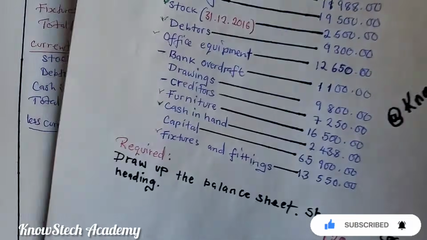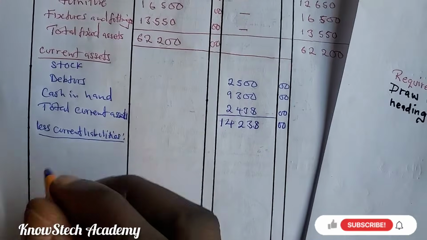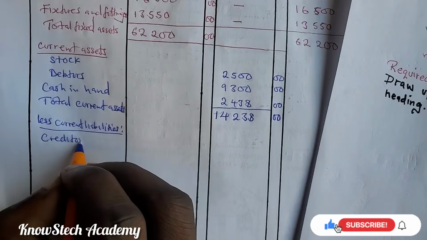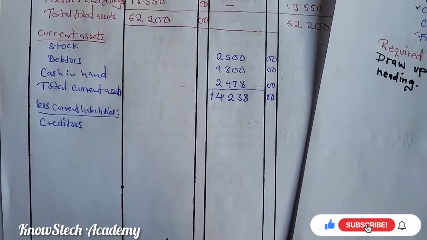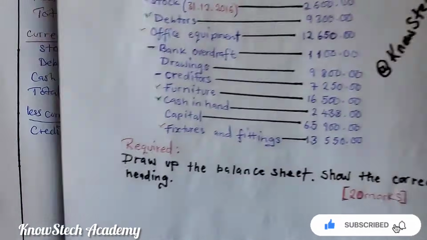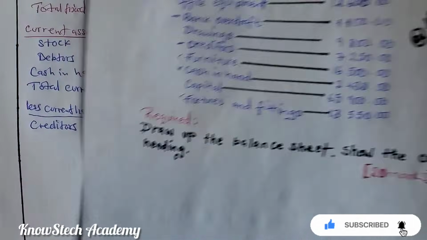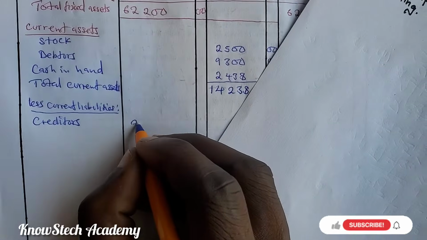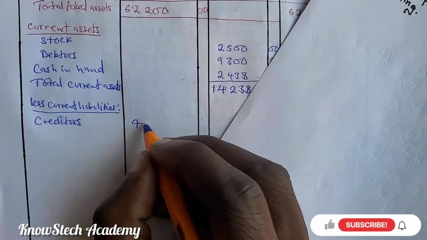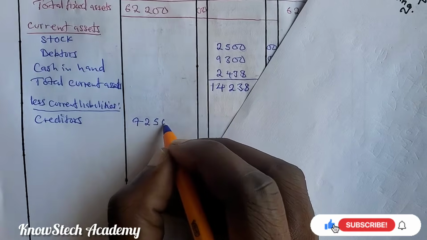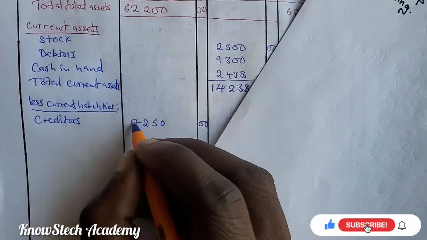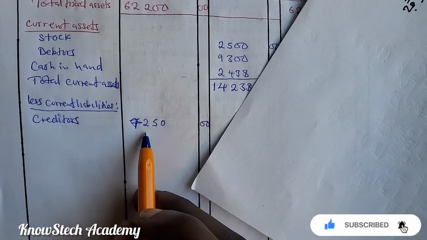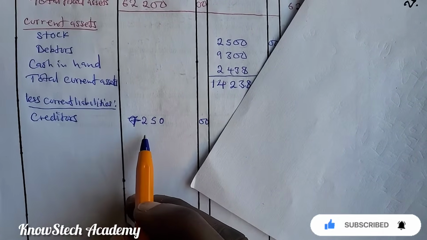So let's start with creditors. We're going to write here creditors, then the amount for creditors is 7,250. So we write in the second column here 7,250. Why are we writing this in the second column?